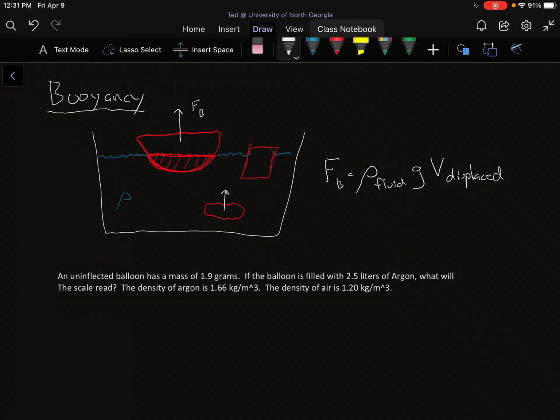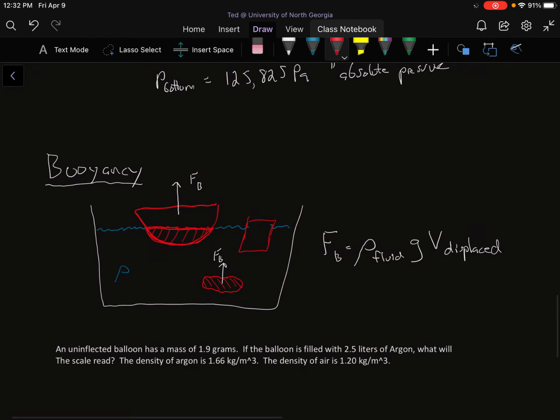And in this case, the buoyant force is equal to the full volume of the object because the whole thing is inside that fluid. So this works for things floating in water or floating in mercury or whatever, but it also works for things that are in gas, because gases are also fluids. And in particular, there's a buoyant force for things that are in the air.